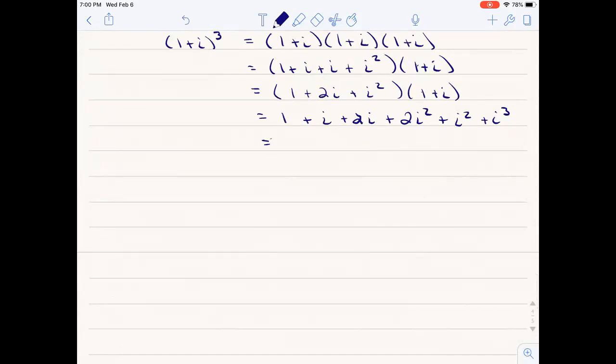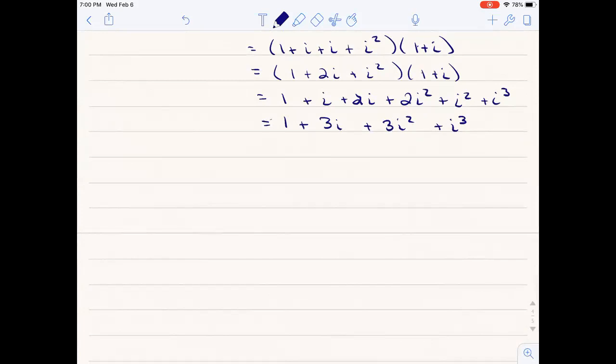Simplifying this, collect like terms. We get 1 plus 3i plus 3i squared plus i^3. This is clearly not equal to 1^3 plus i^3.